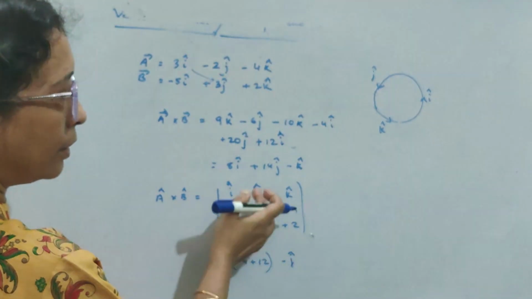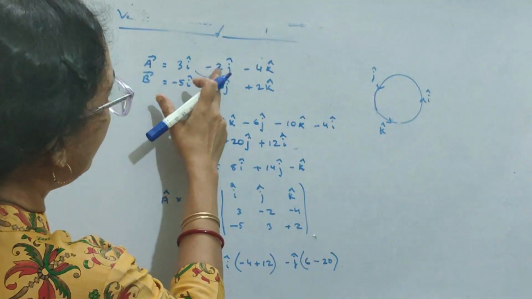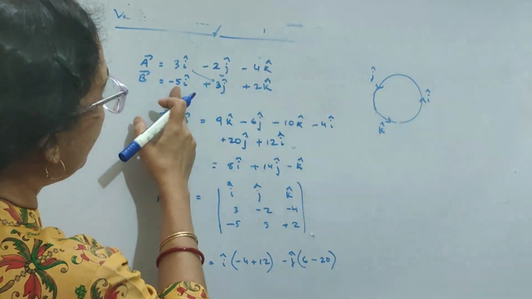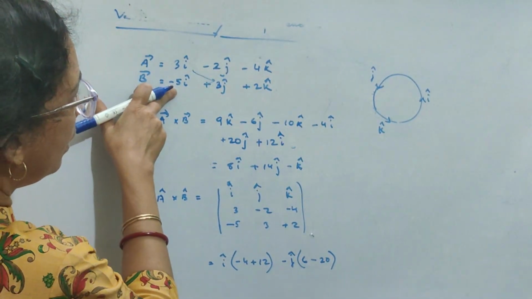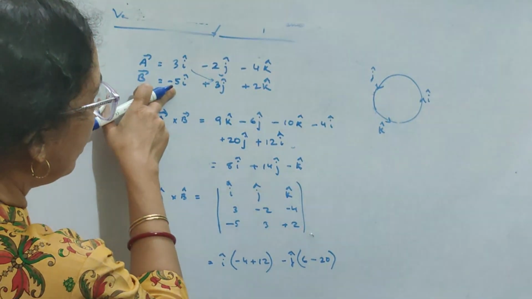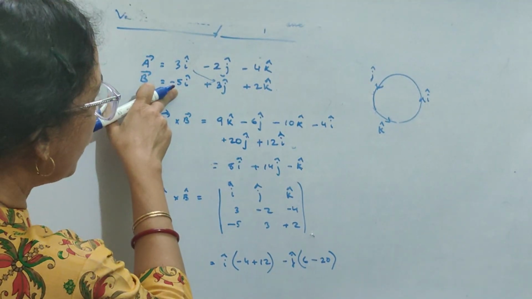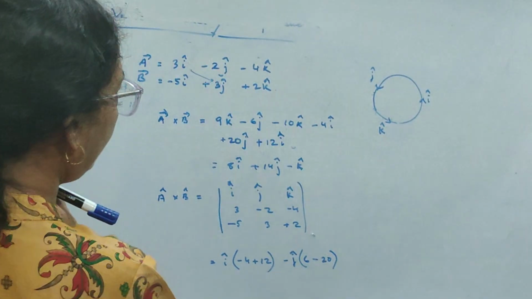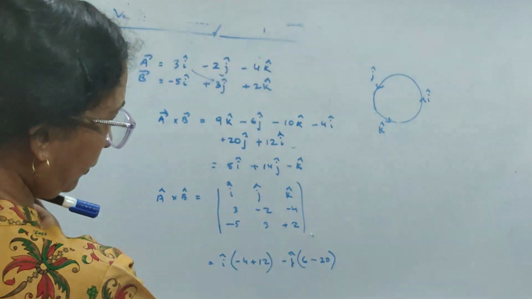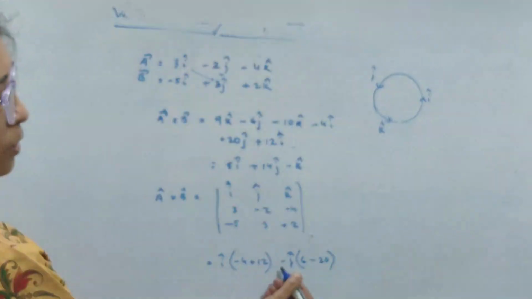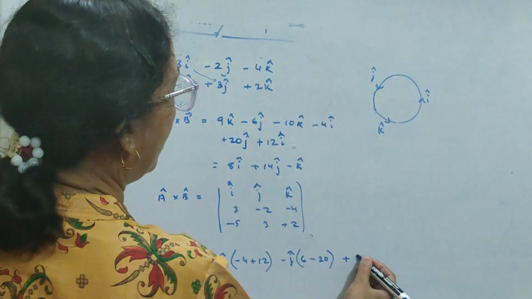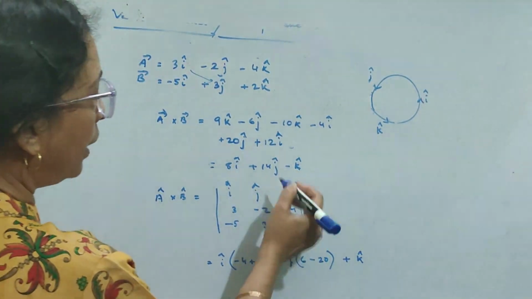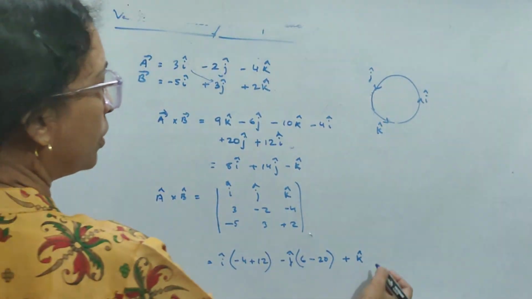I leave out the corresponding rows and columns. 5 4s are 20. That is positive. Then I take k, leaving the corresponding rows and columns.